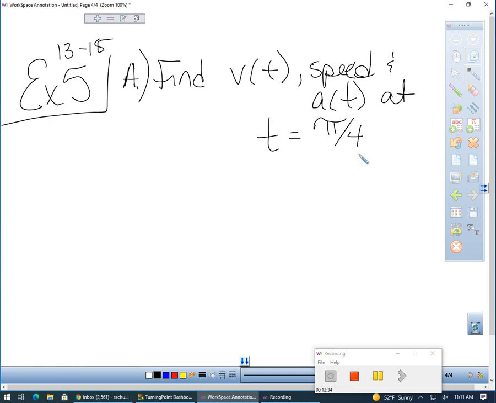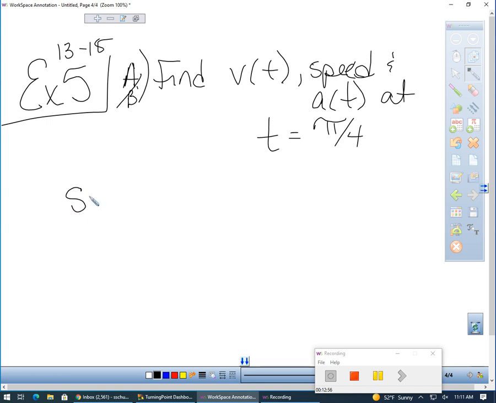Part A and B we're going to squeeze together. Part A wants you to find the different equations. Part B wants you to plug in pi over 4 and find out the values. So here's our function.